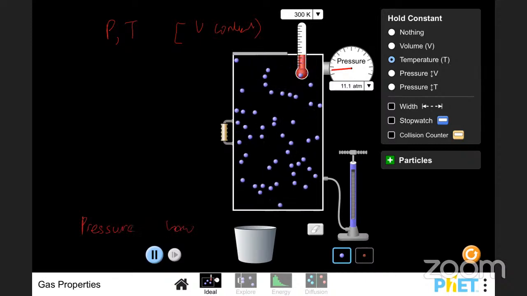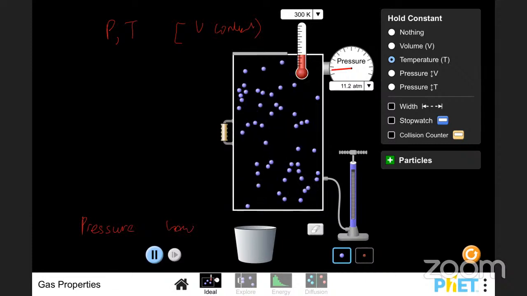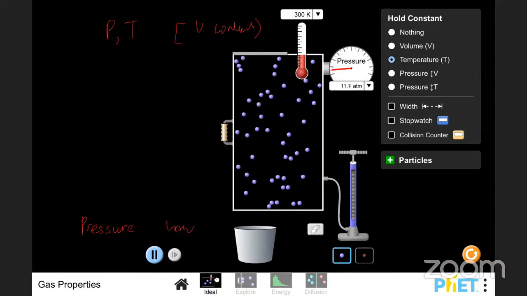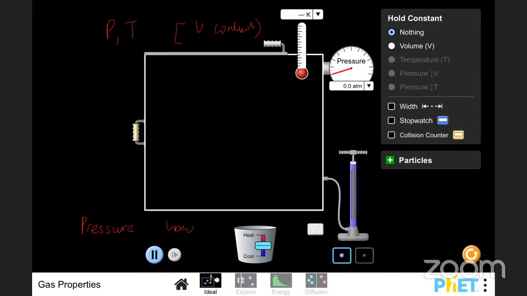Let's see how pressure and temperature are related. Anybody remember? So what's the word? Directly, not inversely. Nice.